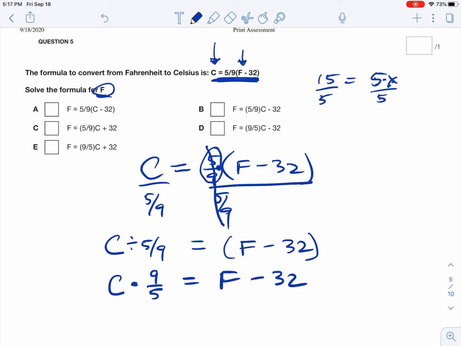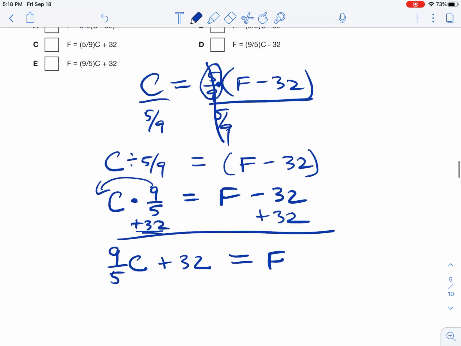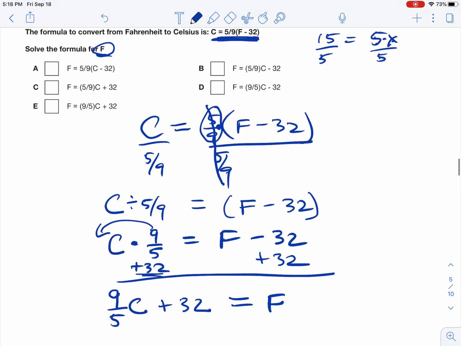And then I say, okay, I'm solving for F. I don't want the 32 there. Get rid of it. It's subtracting 32, so to get rid of it on that side, I have to add 32. And so to bring it home, I'm going to just write the number in front of the variable and say 9/5 C, and then you notice I have plus 32 here equals F. And what you would notice is that this is the correct answer, and everything else is just a variation of that.